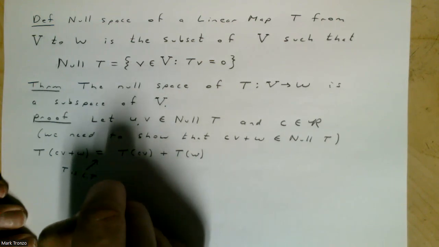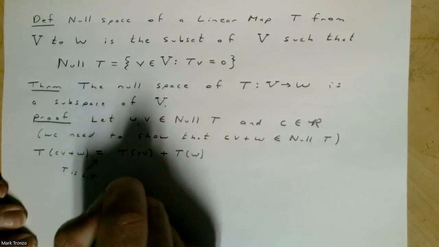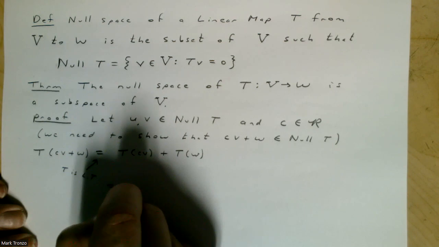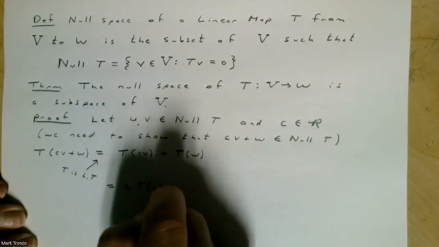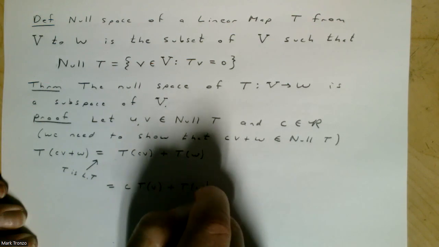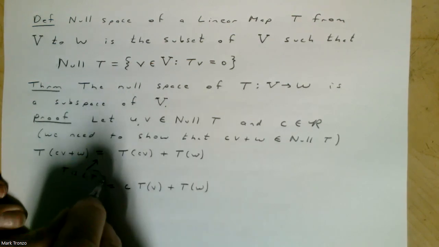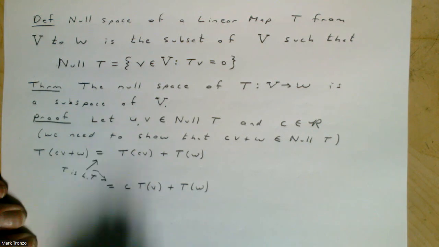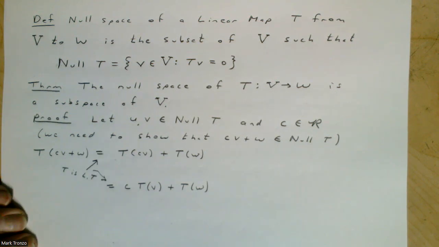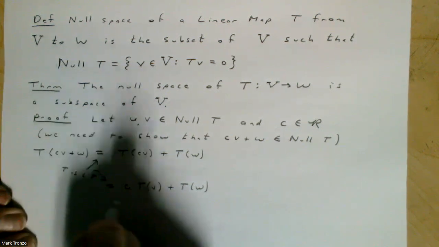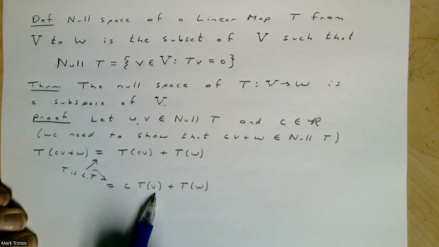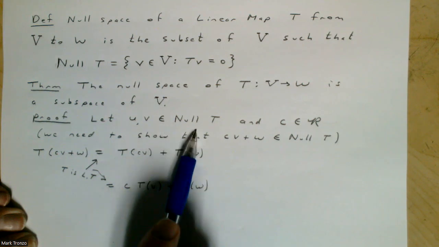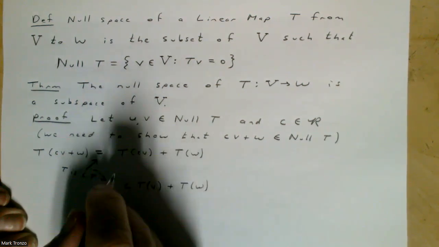Then the next thing, we can factor this out: c T of v plus T of w, once again, because T is a linear transformation, we can do this. And now, remember, v was in the null space of T, so this is going to be 0.